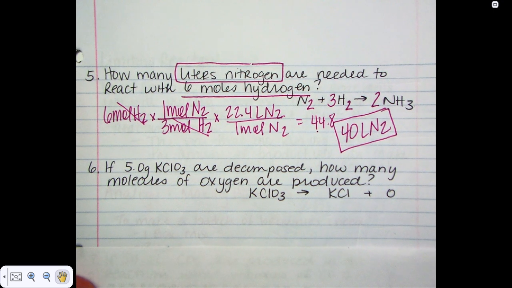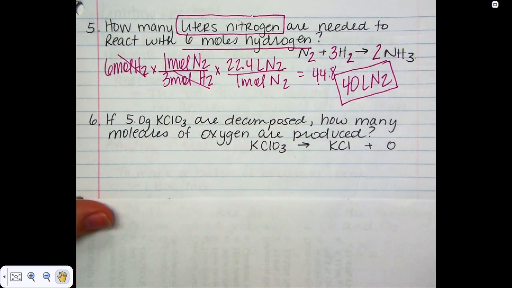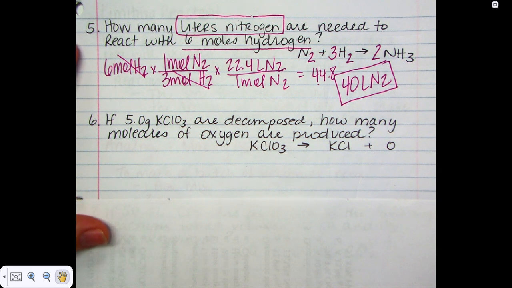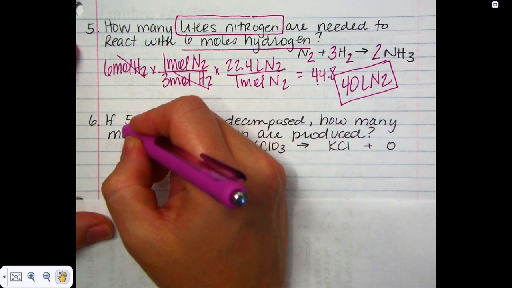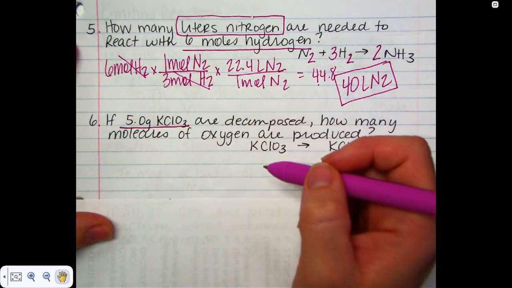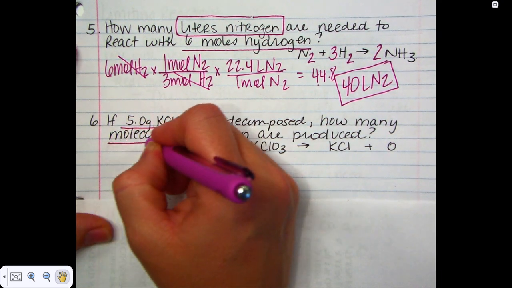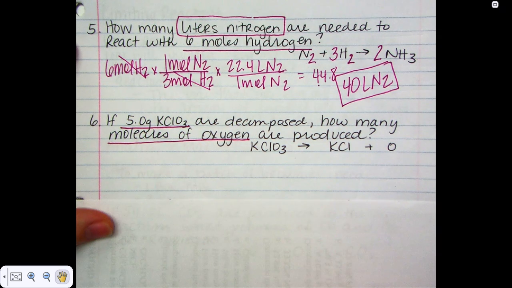Next one. If 5 grams of KClO3 are decomposed, how many molecules of oxygen are produced? So I'm starting with 5 grams KClO3, and I'm solving for molecules of oxygen. I need to balance our equation.